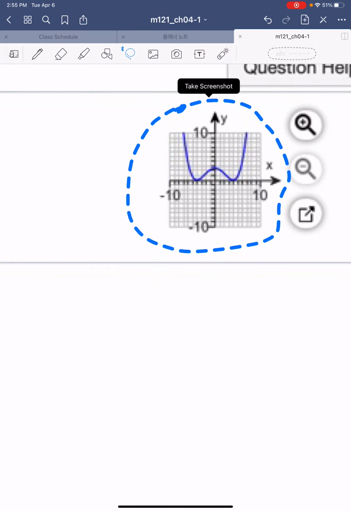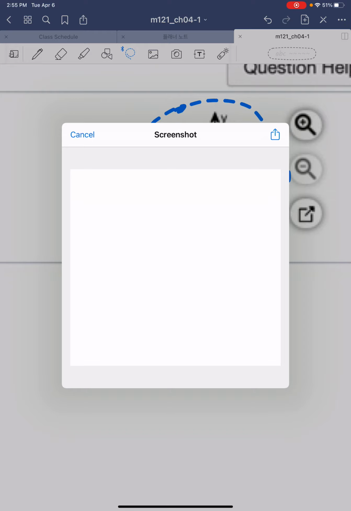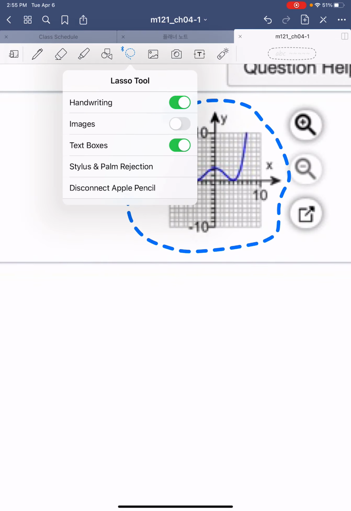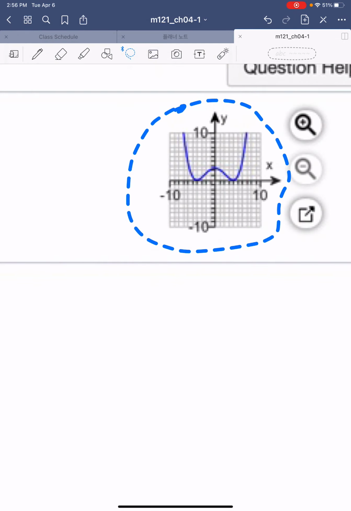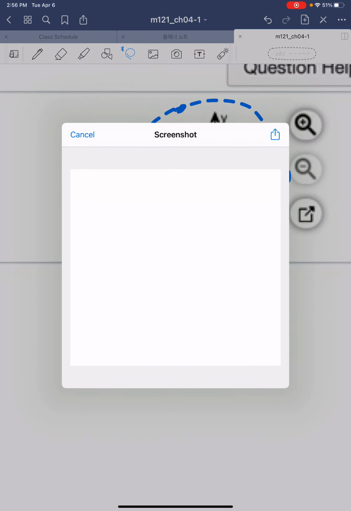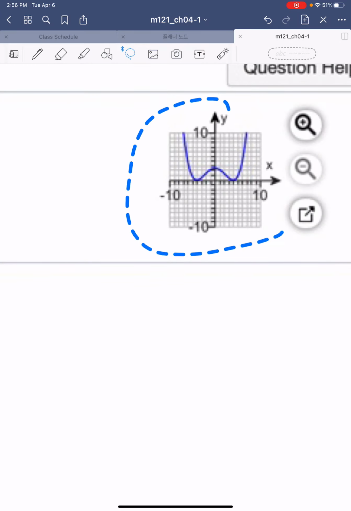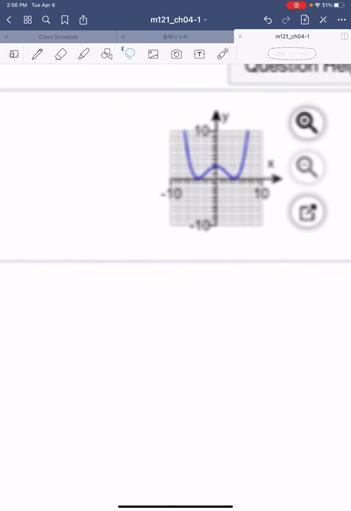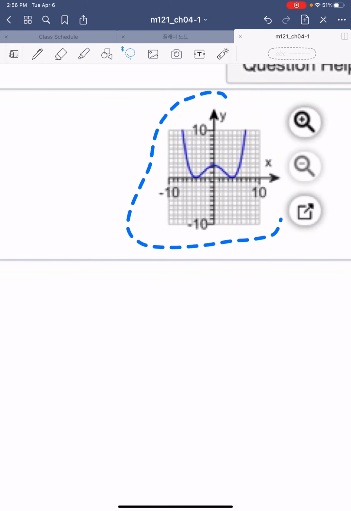I'm gonna zoom in. Okay, let's just try one more time. It's a little blurry.